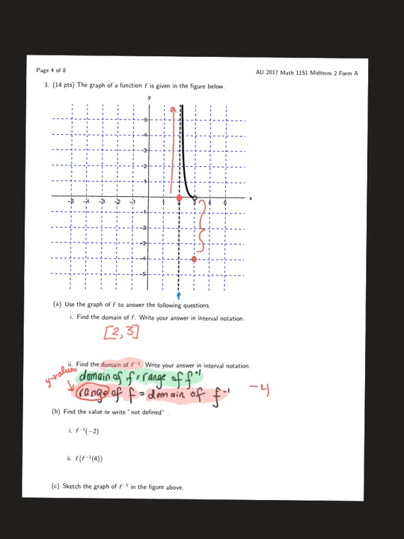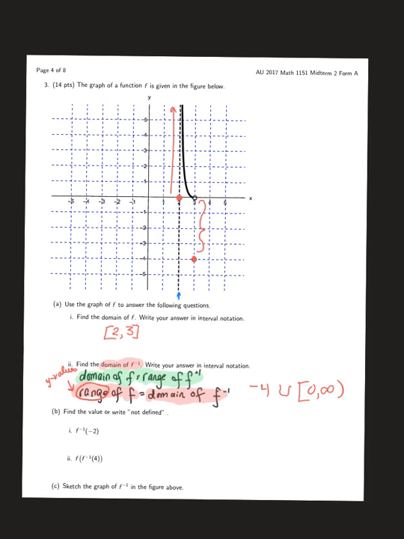So I would say our range is -4 in union with, well, I should not be using a parenthesis there, I should be using a bracket. -4 in union with [0, infinity).